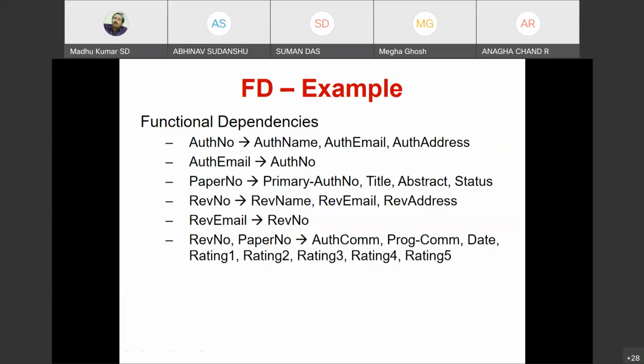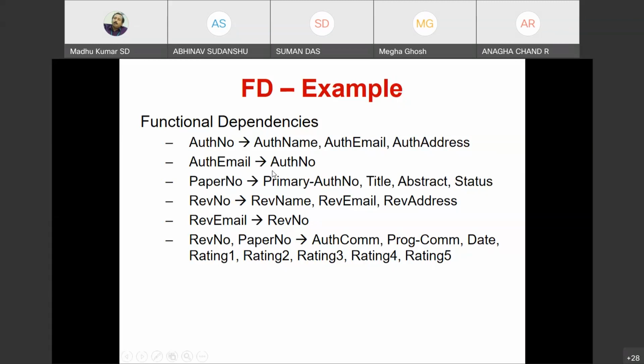Will this be a full functional dependency? No, sir. In that case, it won't be a full functional dependency. X determines Y is said to be a full functional dependency if and only if Y is dependent on X and not on any proper subset of X.